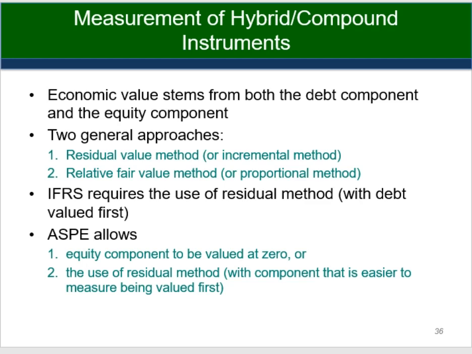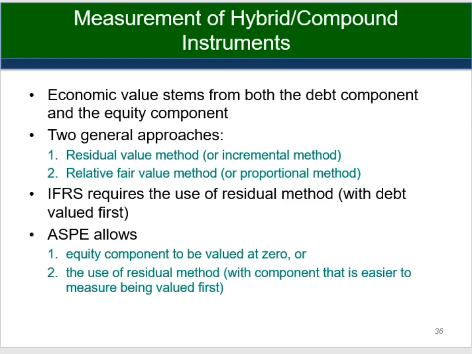So the components are assigned values depending on the most reliable measure. If there's a liquid market or an external valuation option that provides a good, sound, objective, reliable basis for valuing part of the transaction, the rest of the transaction could be just the rest. So that's what the residual value does.